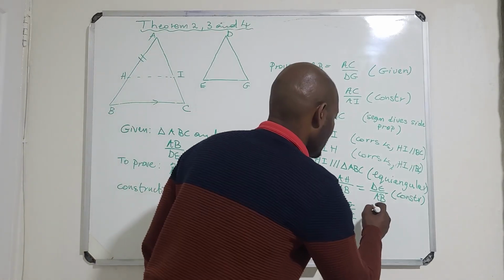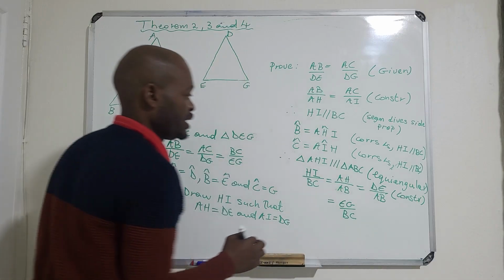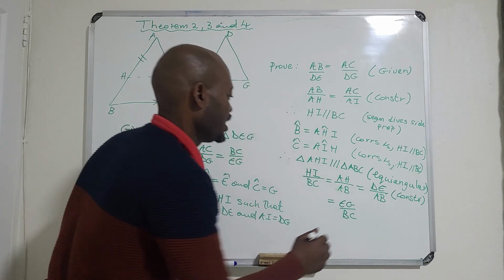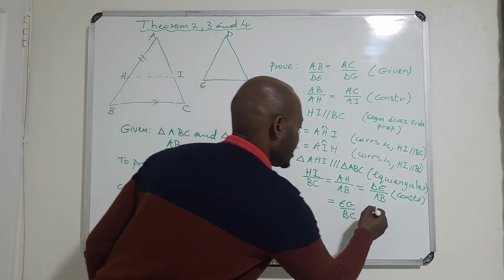Here we know why DE over AB is equal to DG over BC. It is because we're given that. Given.